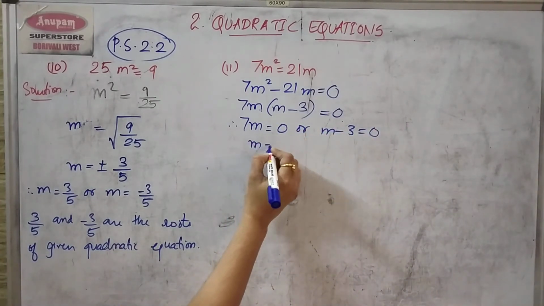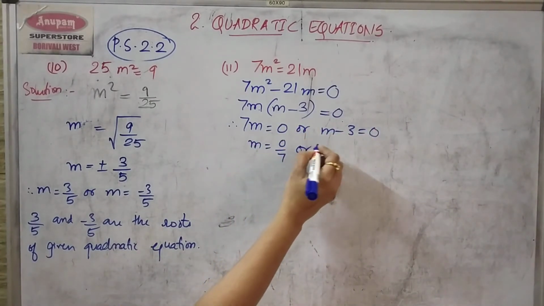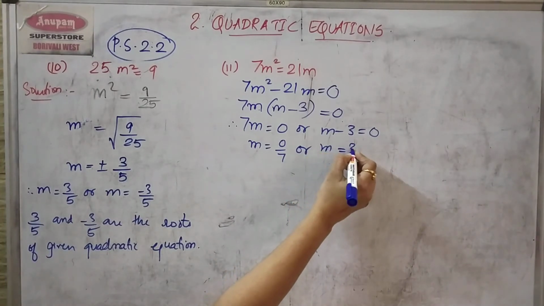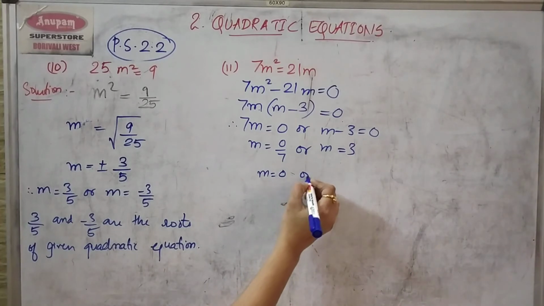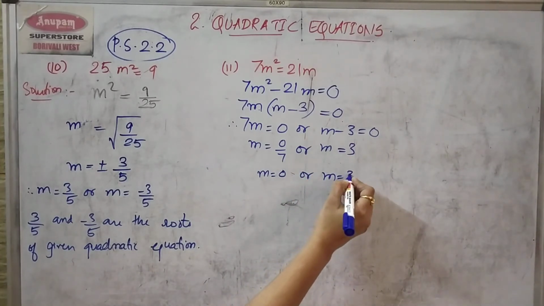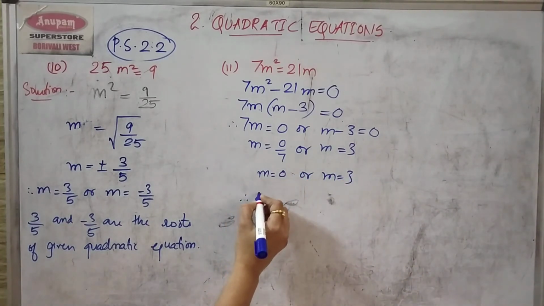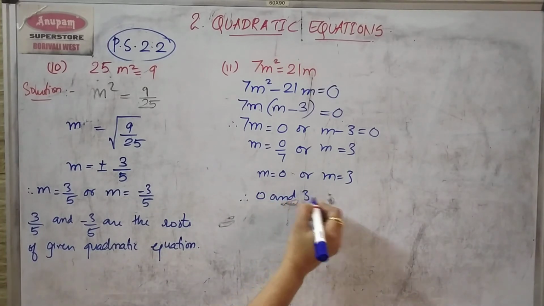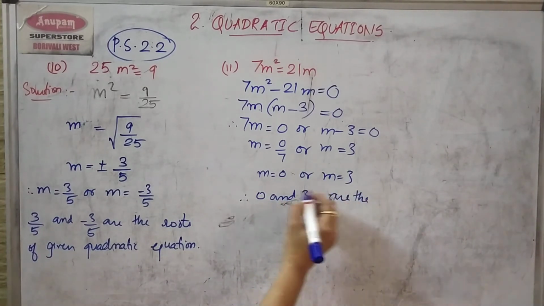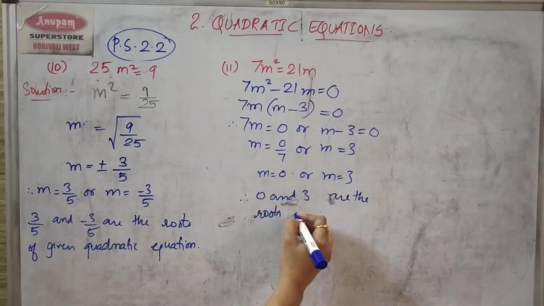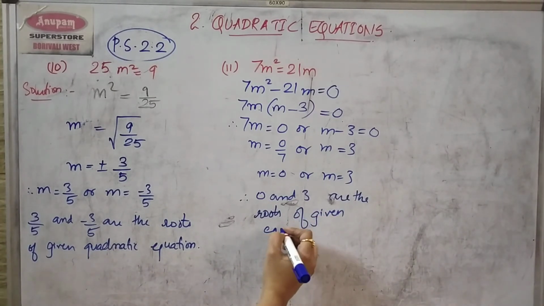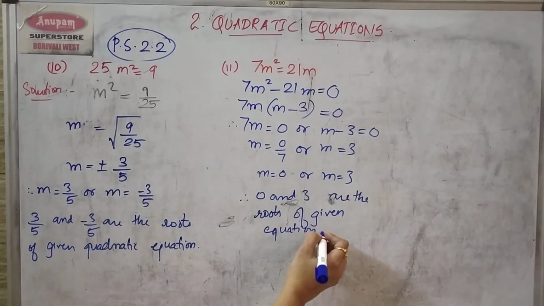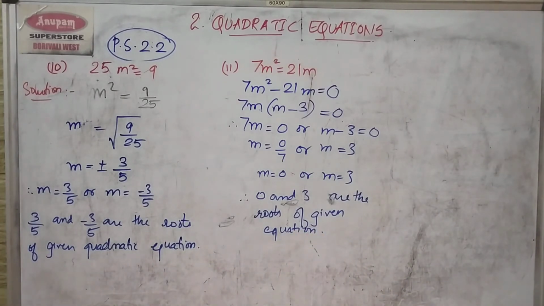Which means that m is equal to 0 upon 7 or m is equal to 3. But 0 upon 7 is going to be 0 and m is equal to 3. So for this one, 0 and 3 are the roots of the given quadratic equation. Both the sentences are correct.